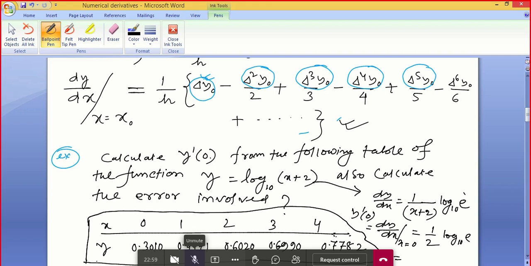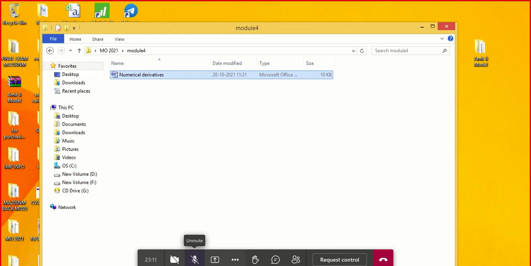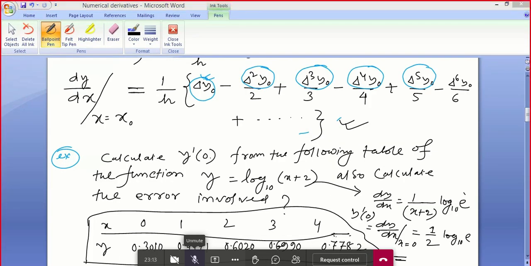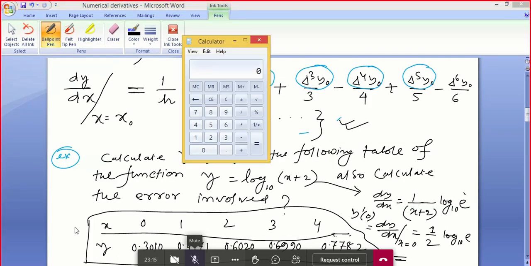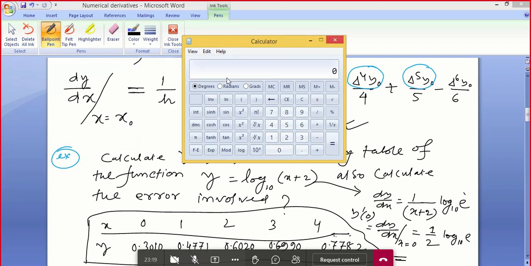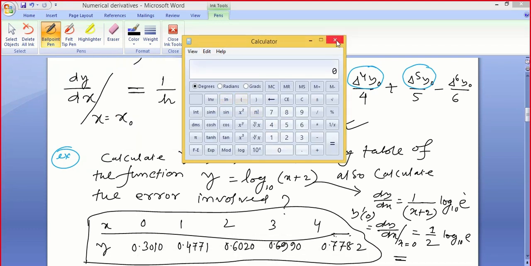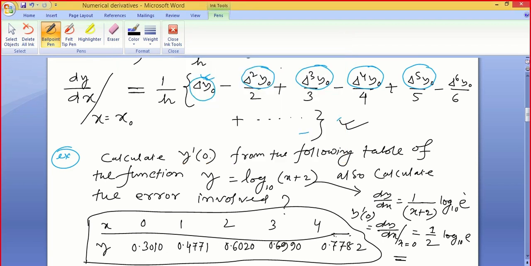Just calculate this value with the help of a calculator. You do have a scientific calculator, no? Tell me, what will the value be? 0.8. One second.